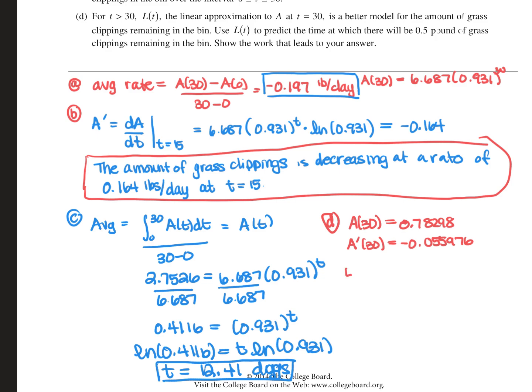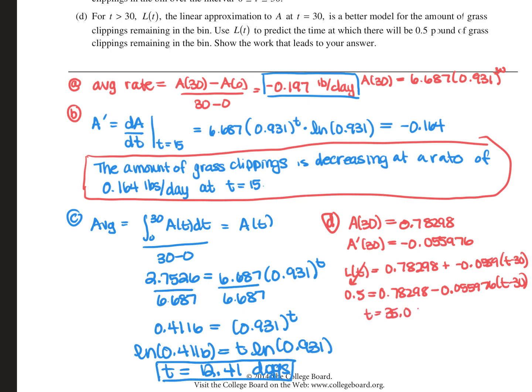It's going to be where we started, which is our initial condition, plus the derivative times t minus 30. We want to know when L of t is 0.5, so we're left solving this equation. And that gives us t equals 35.054.